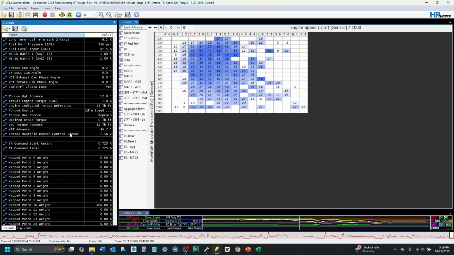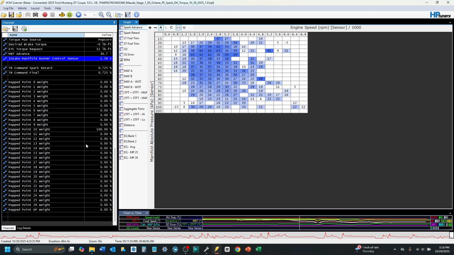You can see the IMRC was at 1.56 volts at the time of this reading. This is one of many. And look, we're at map point 10. You will see a lot of map point 10. If you are idling, you are at 10, or low. 10 and 11 share most of the low throttle stuff, so they show up a lot.